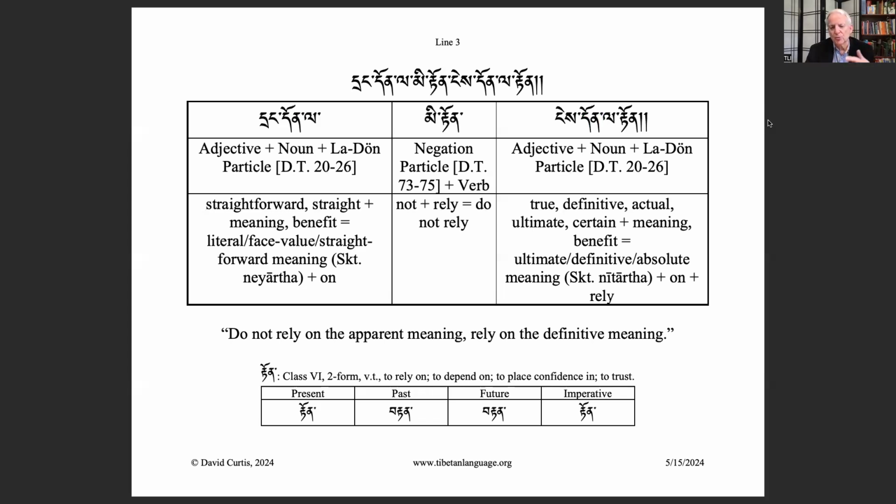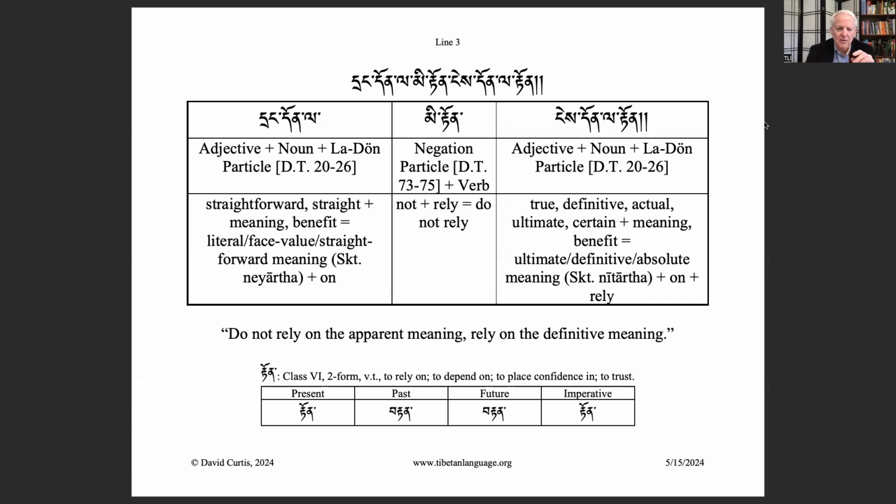So when we just read it, there's kind of a basic, general, almost like intro to Buddhism meaning. But then as we go on, we see that there's a little bit deeper meaning, and it's that one which we should rely on.